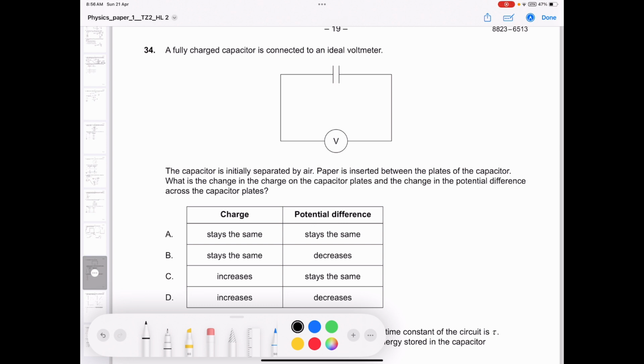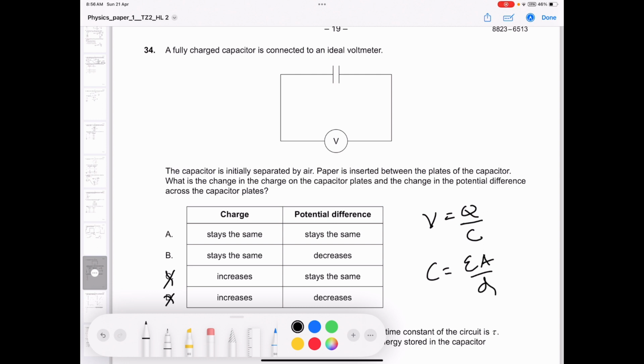So, the capacitor is fully charged, therefore we can eliminate C and D immediately. The charge won't increase. So we have to look at the potential difference. What's going to happen with that? Well, we know V is equal to Q over C. We also know that C is equal to epsilon A over d.